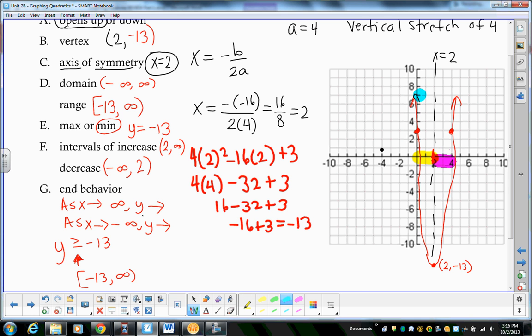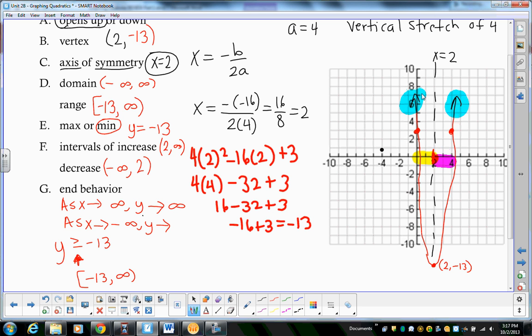So let's look at the ends. I can see that both ends are going up. So as x approaches infinity, I put in 2, 4, 6, 10, 20. The higher the number I put in for x, what happens to my output value? Hopefully you answered, it continues to increase. So as x goes to positive infinity, y goes to positive infinity.